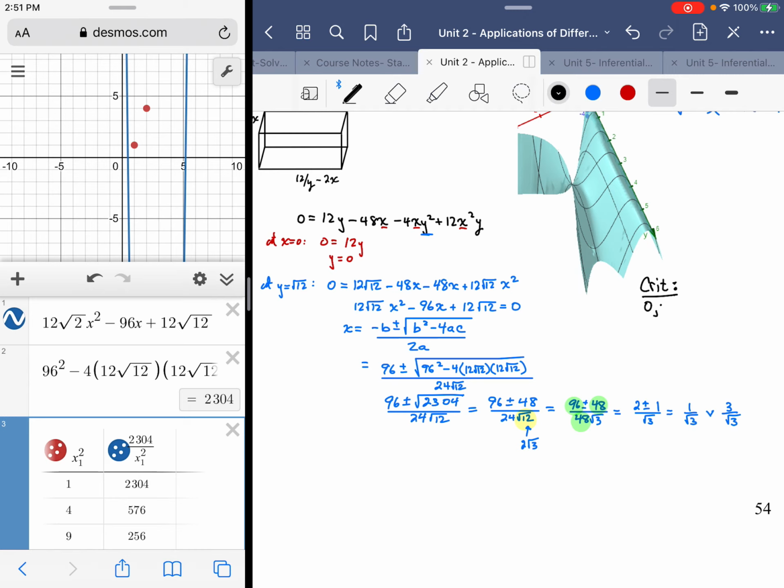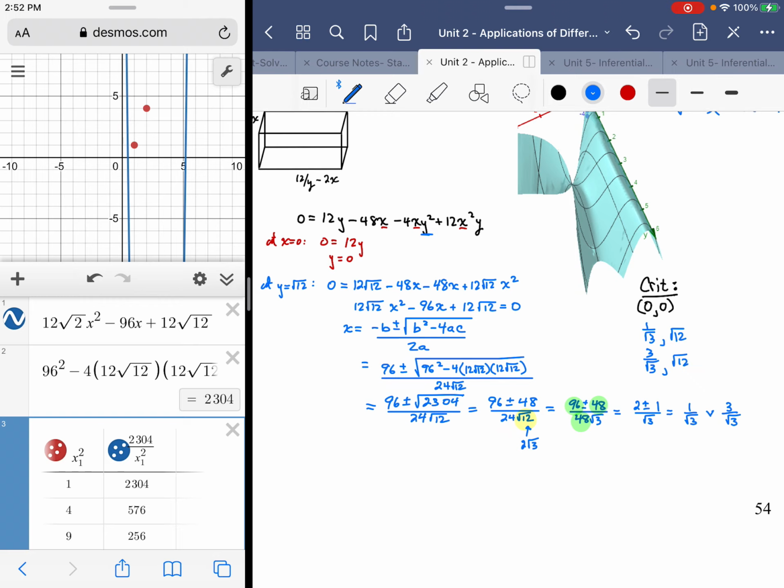So 0, 0. The radical 12 for y gives us these possible values for x. So we would have a 1 over radical 3, or a 3 over radical 3, each corresponding with a radical 12.